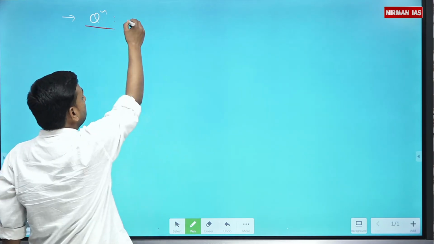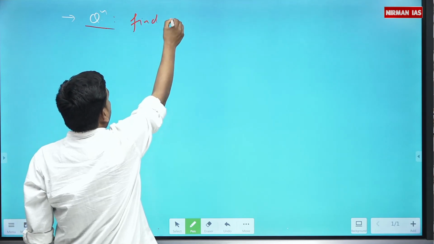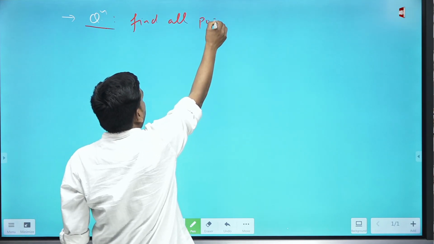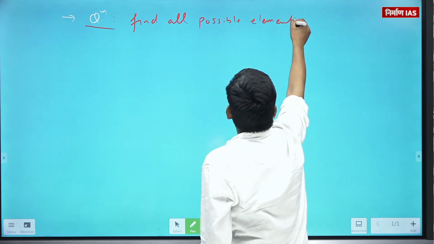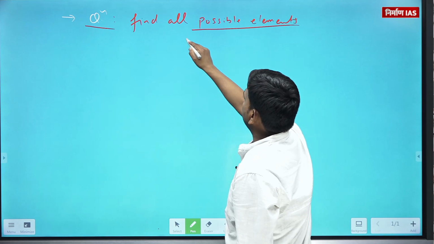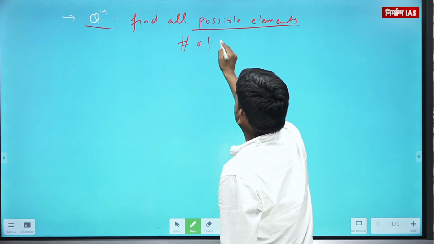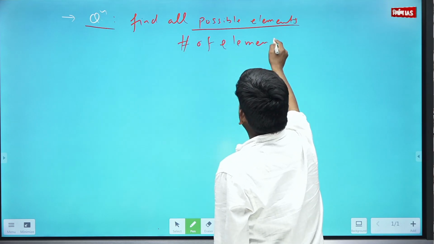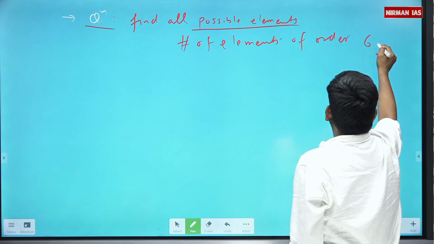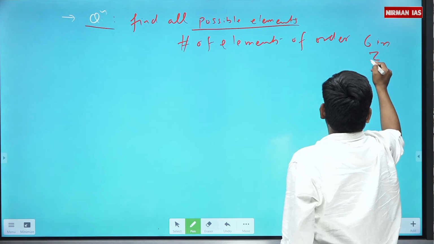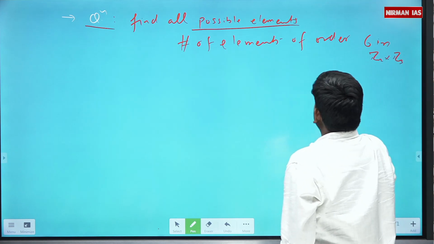Find all possible elements, or you can say number of elements of order 6 in Z2 cross Z3.